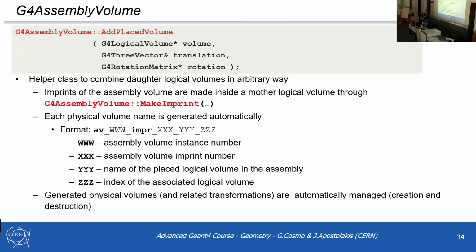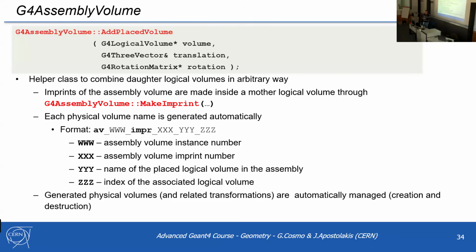Once you do that, for each physical volume, the system will generate the name of the volume that finally gets into your geometry. The format that is used is written here, where you have represented the assembly volume instance number, the assembly volume imprint number, the name of the placed logical volume in the assembly, and the index associated with the logical volume.